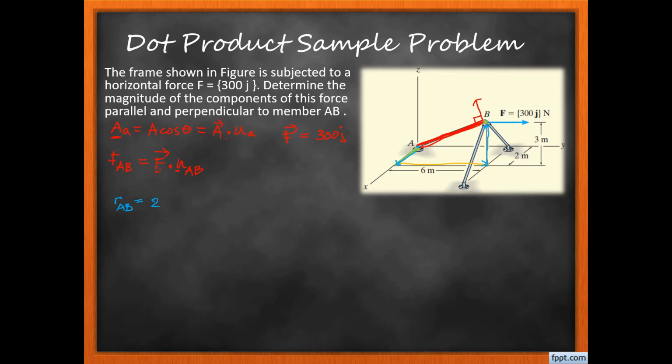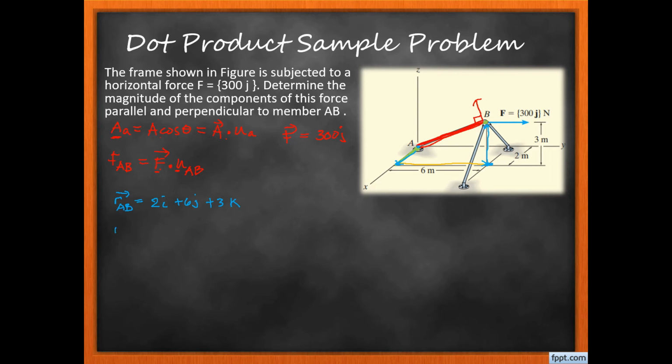So meron tayong 2I, and then meron tayong path mula dun sa dulo ng ating first component papunta dun sa ating second component na positive 6J, and then we have yung ating Z na positive 3K. So ito yung ating Cartesian vector para sa ating position vector along AB.